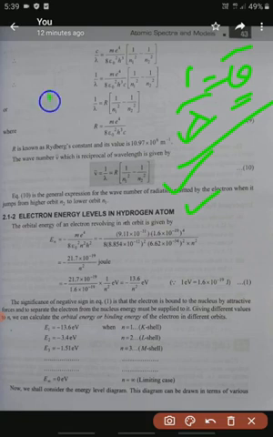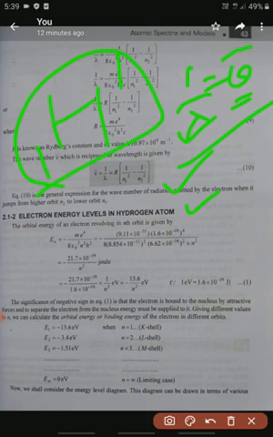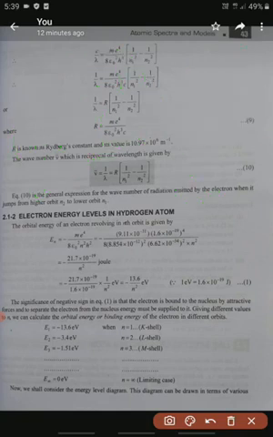The hydrogen atom is 1H1, the first element. We will calculate the energy levels in a hydrogen atom. The total energy, we already know this formula: minus m e to the power 4 by 8 epsilon naught square n square h square, the nth orbit total energy. M is the mass of the electron, 9.1 into 10 power minus 31.